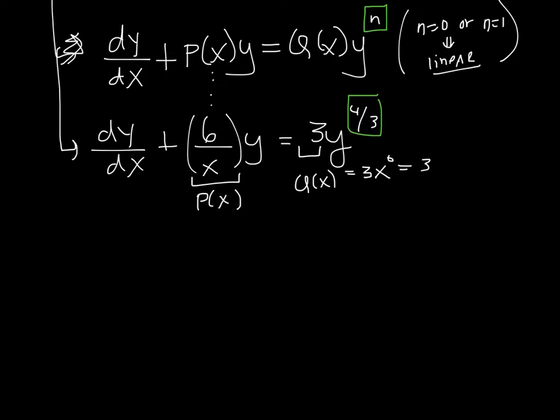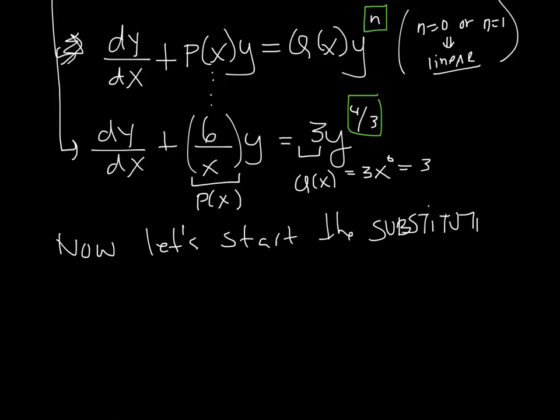And so now let us start the substitution method that we learned in 1.6. And again, on your cheat sheet, on your test, I hope you have this Bernoulli equation.